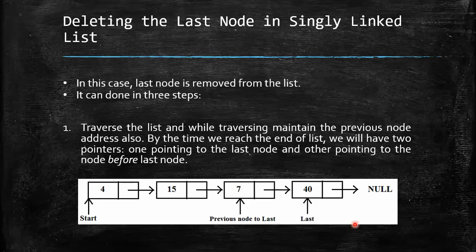This operation is a bit trickier than removing the first node because the algorithm should find which is the last node, and then only it can remove the last node. So this can be done in 3 steps.